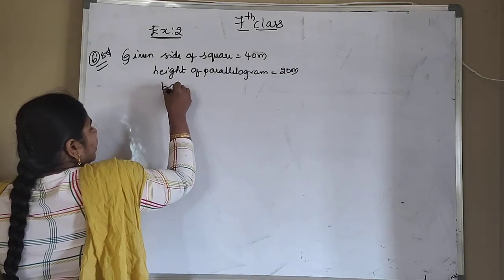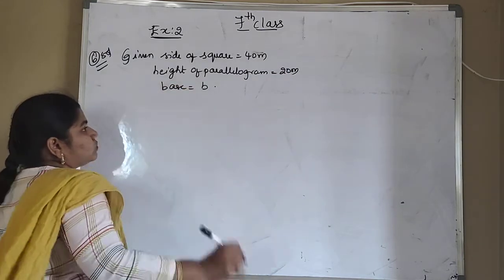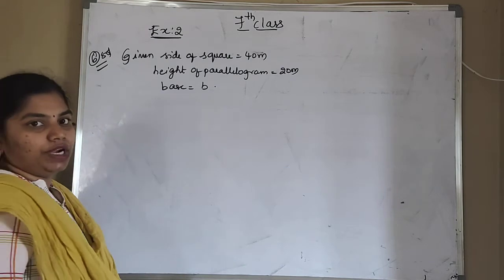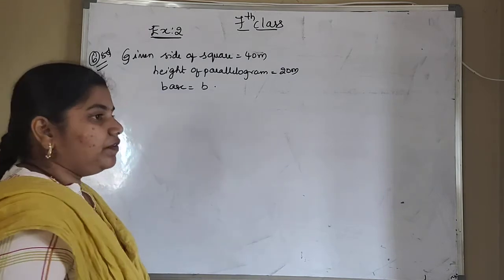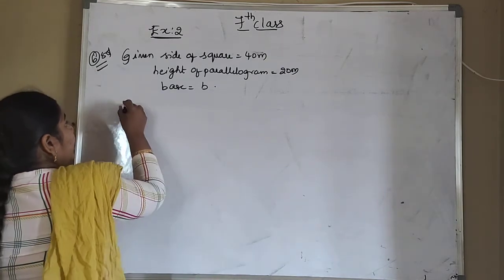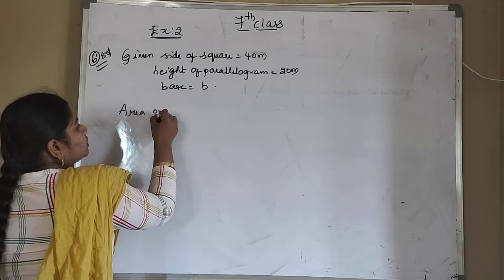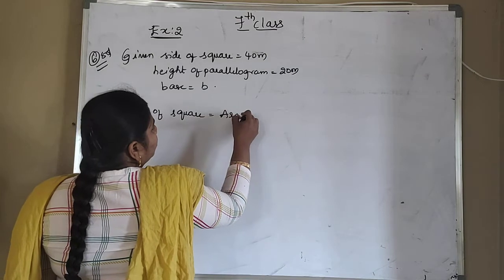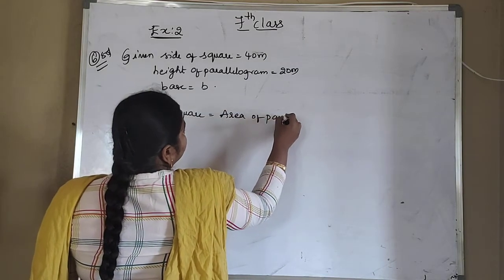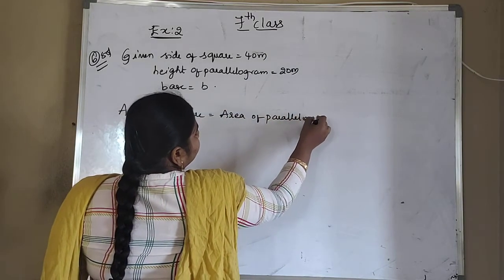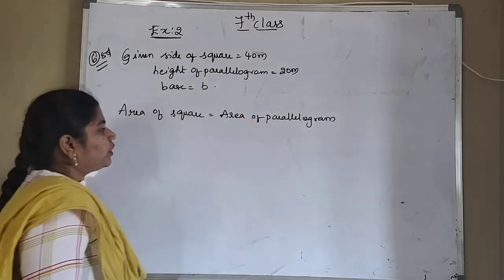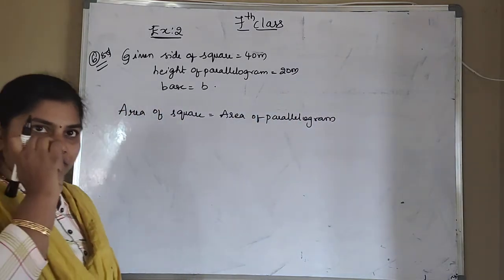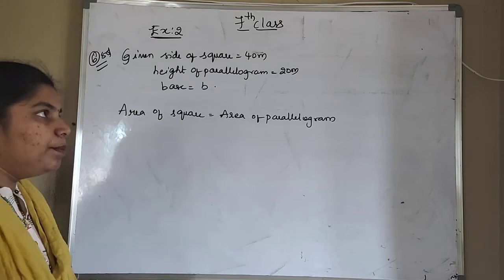So what do we have to find? We have to find the base value, so I am taking that as B only. And what is the important given information? The area of a square is equal to the area of a parallelogram.